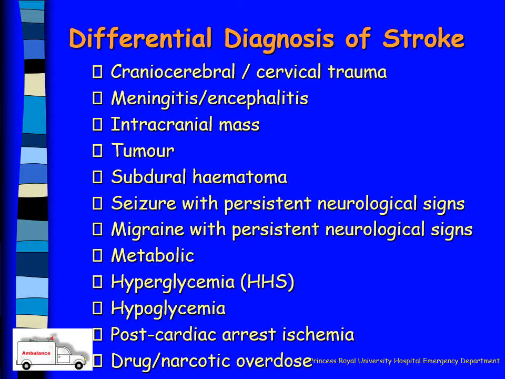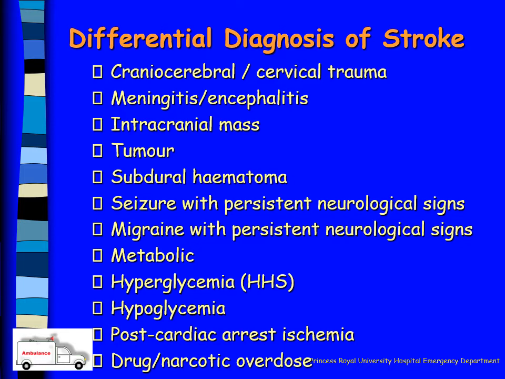Often they're on anticoagulants. They might have a several-week history of being slightly more lethargic or confused than normal, and often these have had a minor head injury perhaps, and then they've got a hematoma on the brain that's either slowly getting bigger or is just causing constant pressure on the brain.